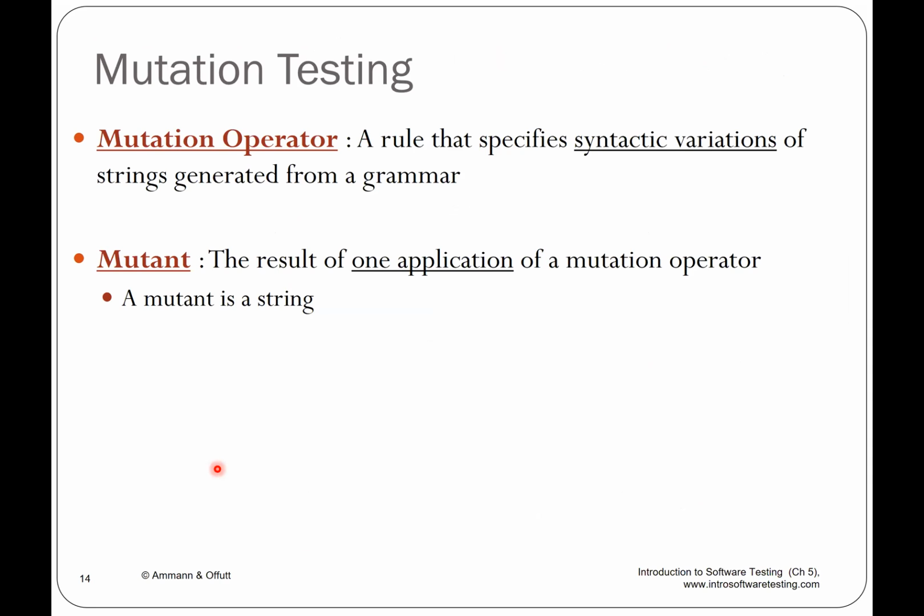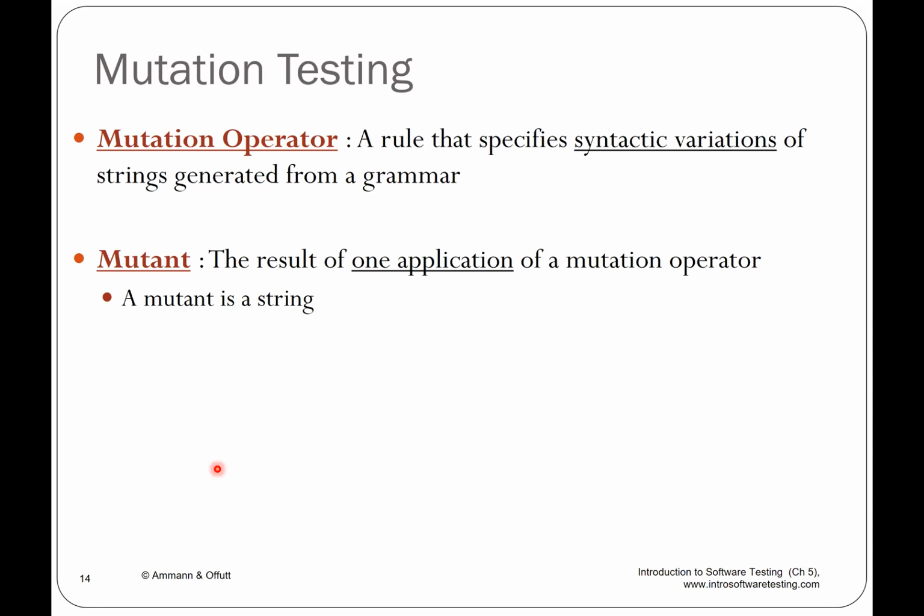So think of the potion that these little turtles drank when they were young. The potion is the mutation operator. The little turtles were the original grammar or ground string, and then when they drank it, they became mutant ninja turtles.